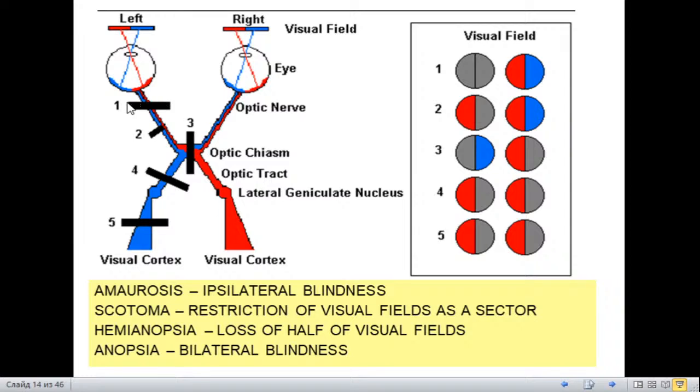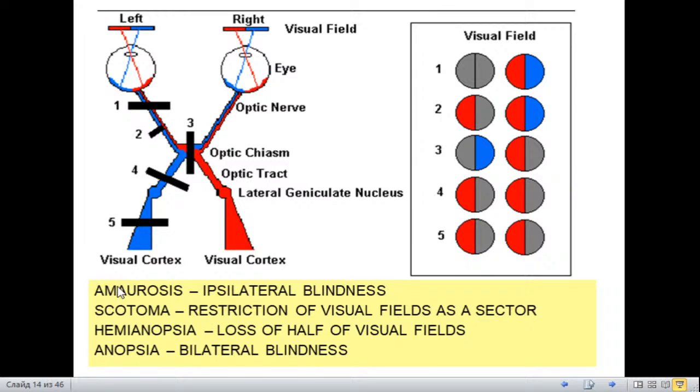So in case of damage to the left optic nerve, the right eye is not disturbed at all, but the left eye can't see at all. As you can see on this chart, left one blindness, right one, everything is okay. And unilateral blindness is known as amaurosis.